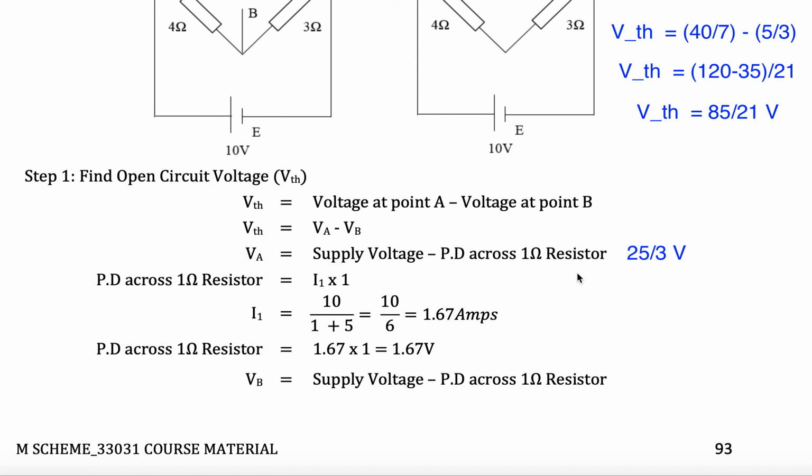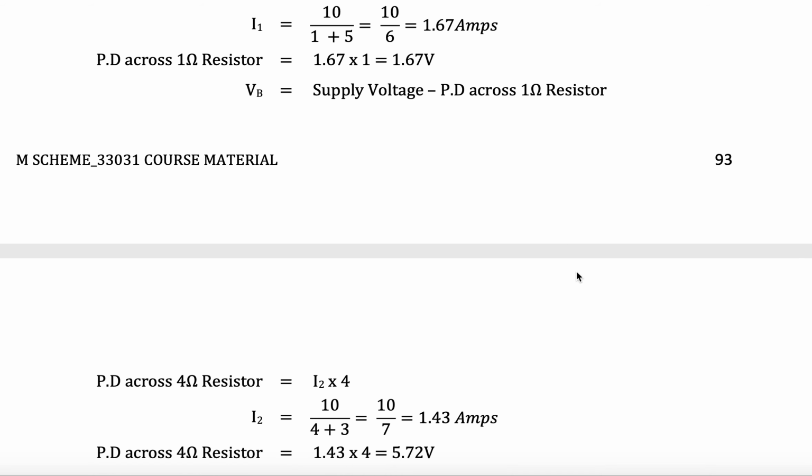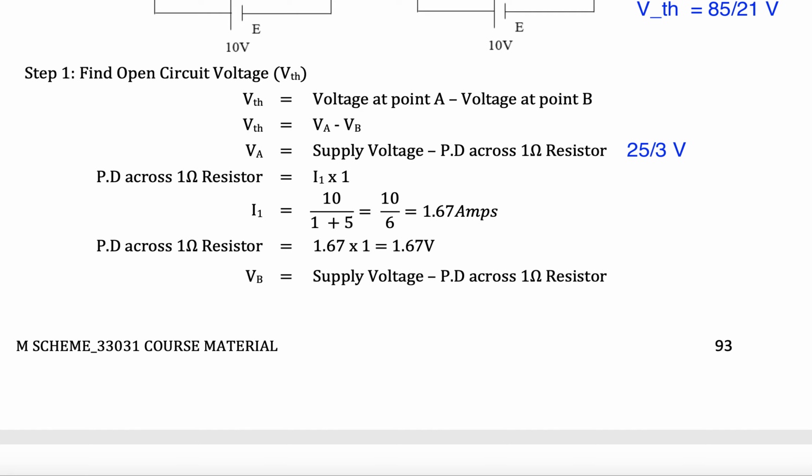Now you need to compute 10 minus 40 by 7, which is 30 by 7.